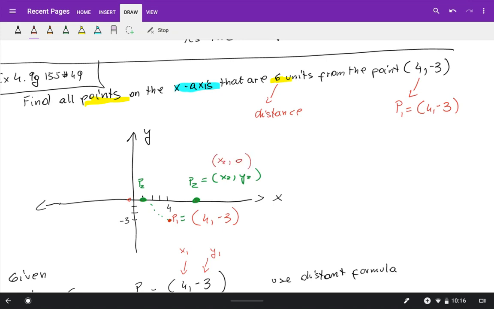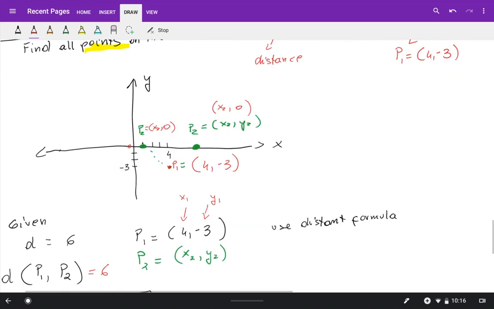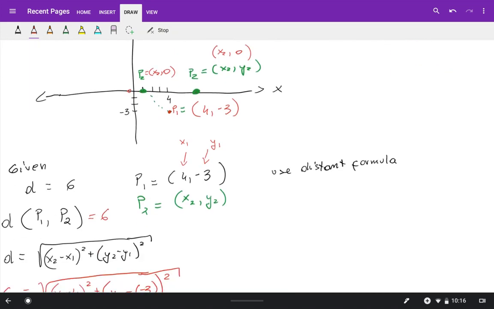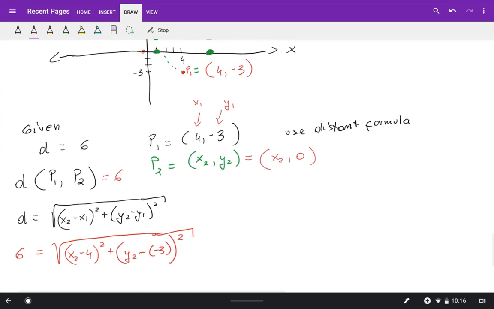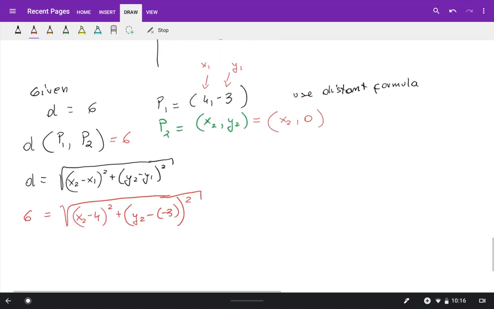The height is 0 because we're on the x-axis, so P2 will be x2, and y2 will be replaced with 0. When I describe the points we're trying to find as P2 equals x2, comma y2, we're going to mention that y has to be equal to 0 because those points are on the x-axis. So this is just x2, comma 0. When we had y2, we're going to replace that with 0.